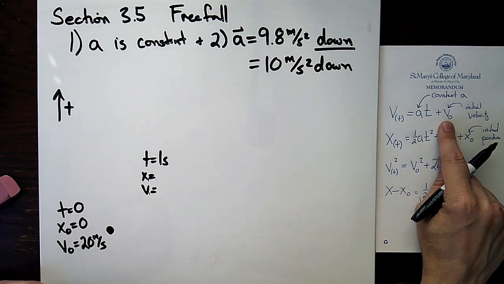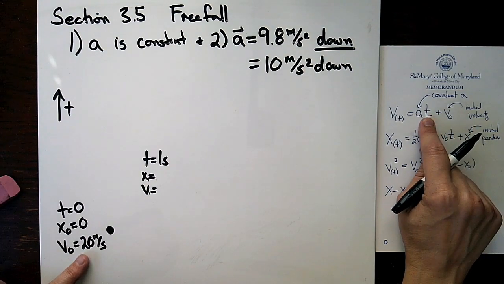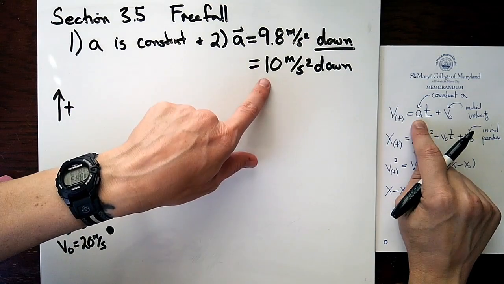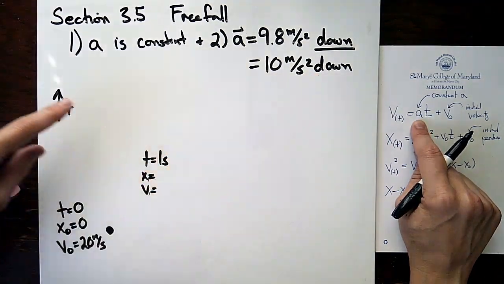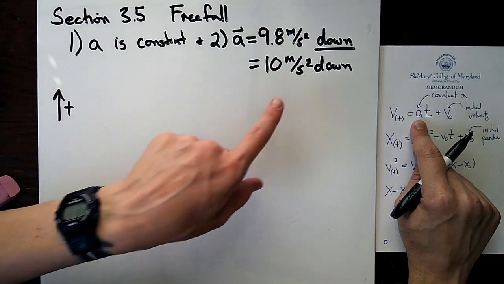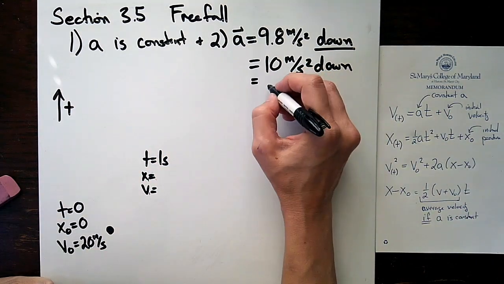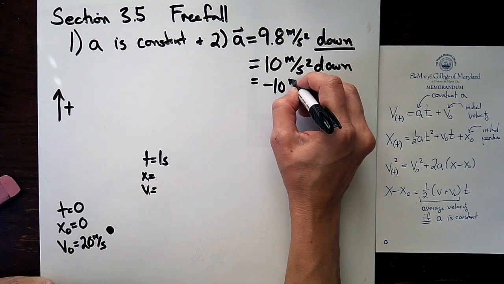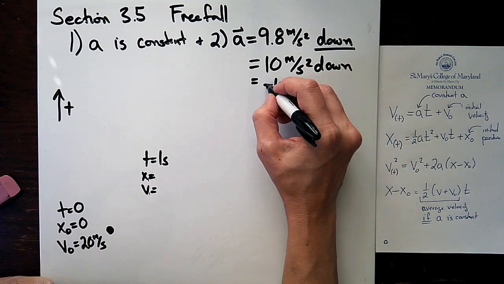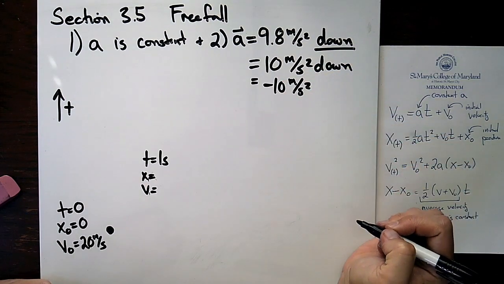So our initial velocity is 20 meters per second. 1 second has passed and we have acceleration. It's 10 meters per second squared down. All right, well, so if up is positive, down must be negative. So that means our acceleration is really negative 10 meters per second squared. The negative and the down are telling us the same thing.